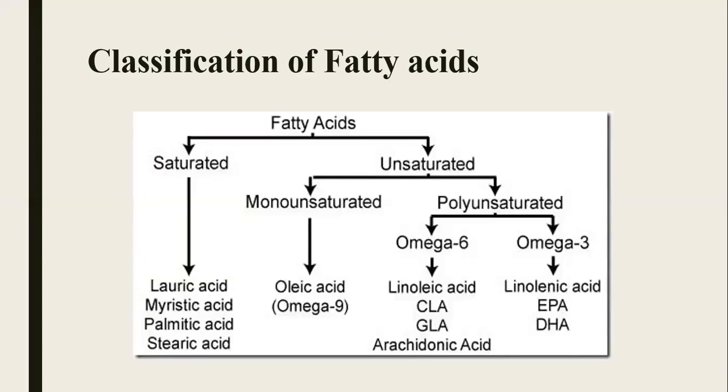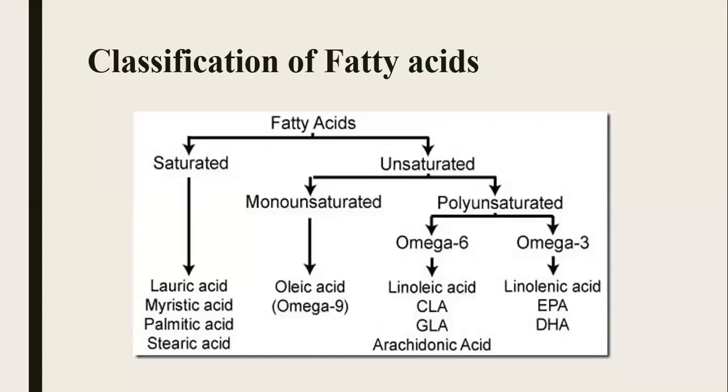And it is observed that the melting point of these saturated fatty acids increases with increase in number of carbons. For example, the melting temperature of butyric acid, a 4 carbon containing saturated fatty acid, is only 8 degrees centigrade. But the melting temperature of palmitic acid, which is a 16 carbon containing saturated fatty acid, is 62 degrees centigrade.